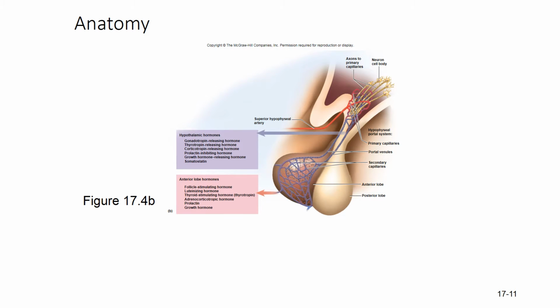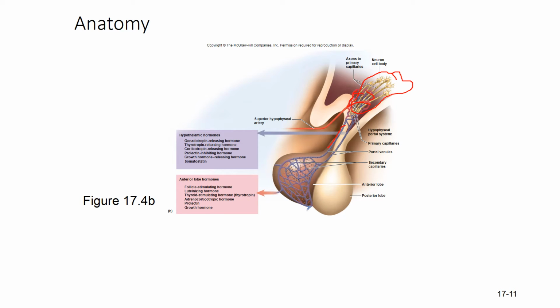So what happens? These little neurons, and this is where things get a little bit weird because they're neurons, but they secrete hormones. They're going to secrete hormones and dump them into these little red networks here. This is the primary capillaries right in here. It dumps those hormones and secretions into the blood vessels.